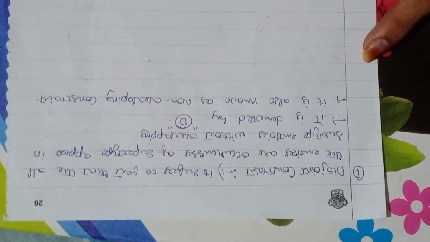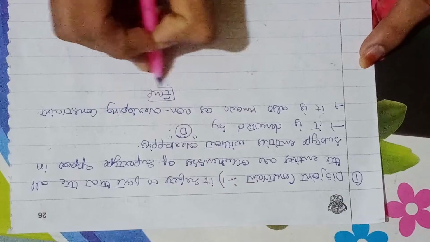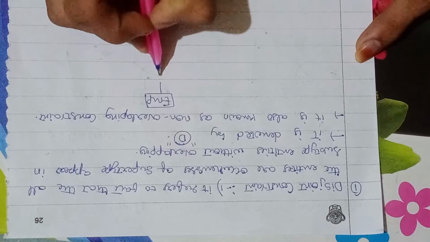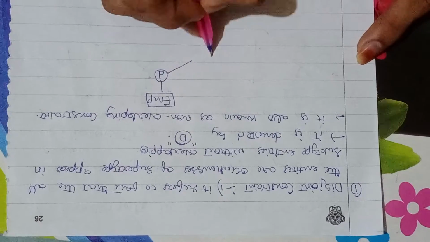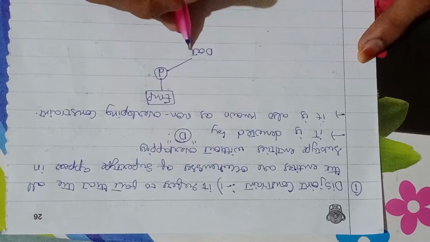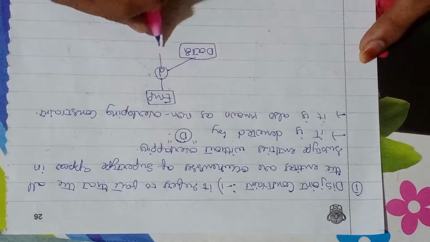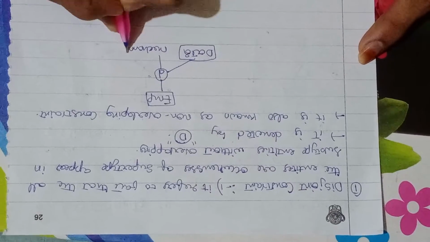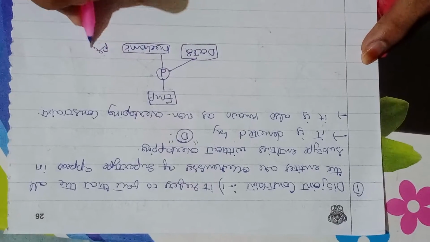Now we can see an example. This is an employee, and this is denoted by a D circle. This is doctor, this is mechanic, this is professor.